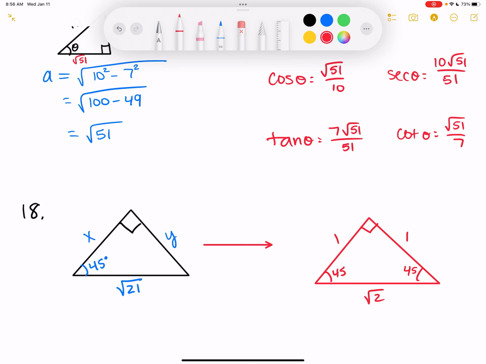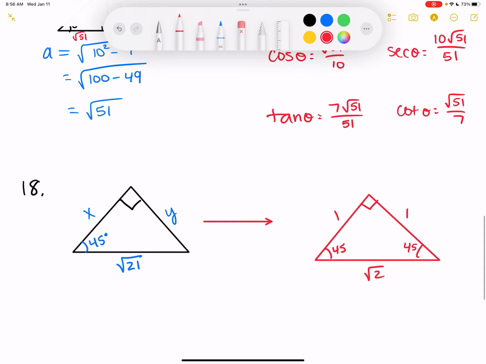So I want to basically use this triangle that I have the known values for to help me solve the other triangle. Okay? So do you remember proportions from way back in early Algebra 1? Maybe. Cross multiplication, the pretzel. Yes. Okay. So basically that's what we're going to end up doing.